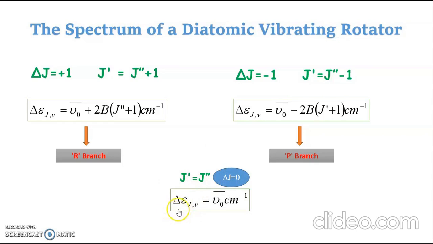Delta epsilon J V becomes mu 0 bar centimeter inverse. That will not be an allowed transition and will not appear in the spectrum, but it can be a possible transition. But since it is not allowed, it will not be in this spectrum.